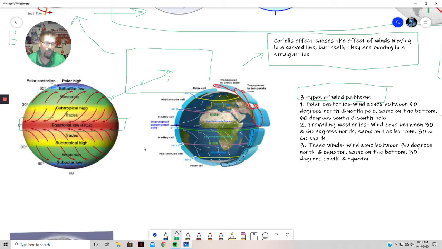The equator has lots of rain every day, and that's why they get all that vegetation, the tall trees, the big plants, all that stuff. It's because they get lots of rain. And they get lots of rain because of this process right over here.